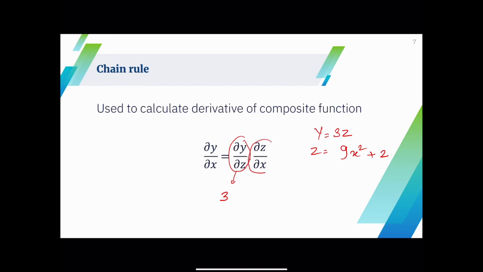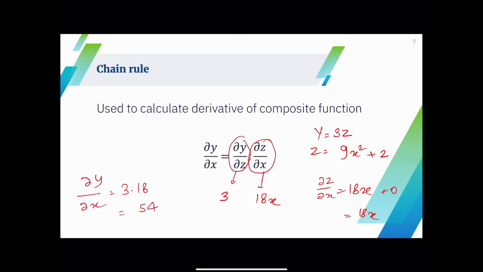And dz by dx, putting this, we get 18x plus 0, that is 18x. So dy by dx is equal to 3 multiplied by 18, that is 54x. That's the chain rule.